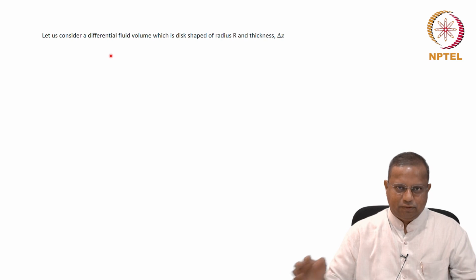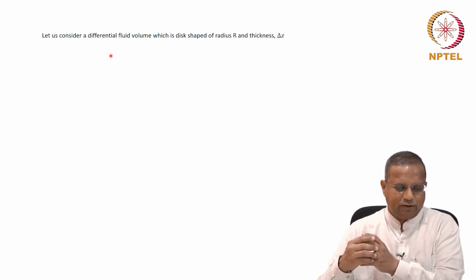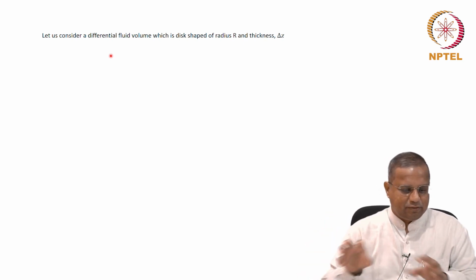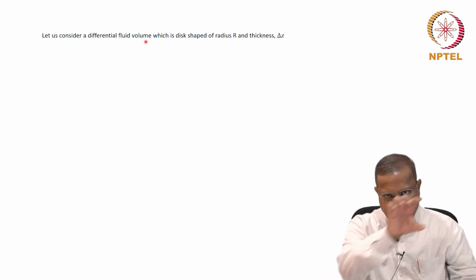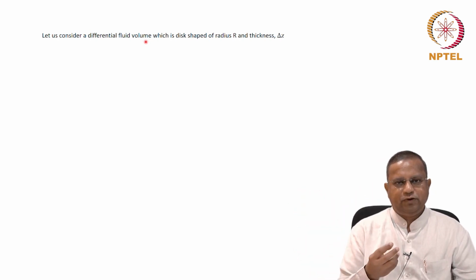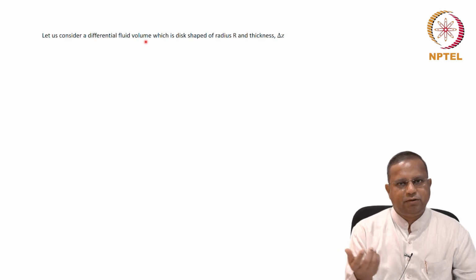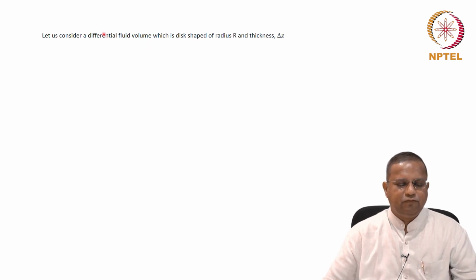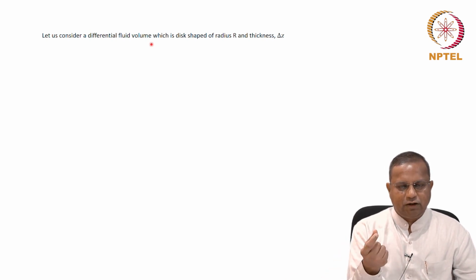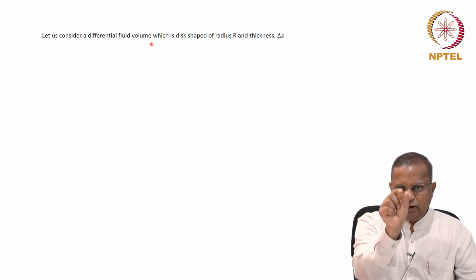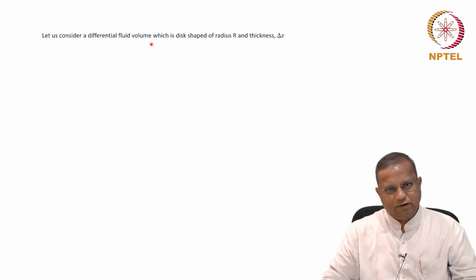Now, we are getting to friction factor. To understand the process, let us consider a differential fluid volume in this pipe. A differential fluid volume which is representative; the shape of the differential element must be representative. Therefore, the differential fluid element that would be representative would be a thin disc of the same radius as that of the pipe, right?